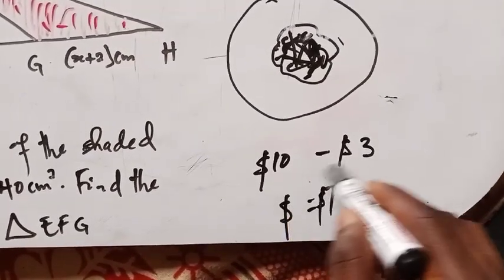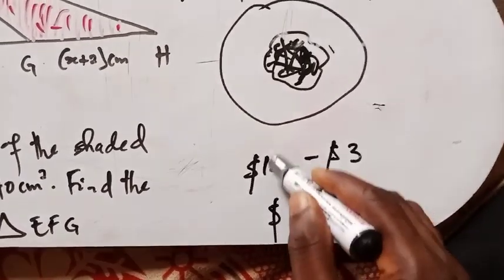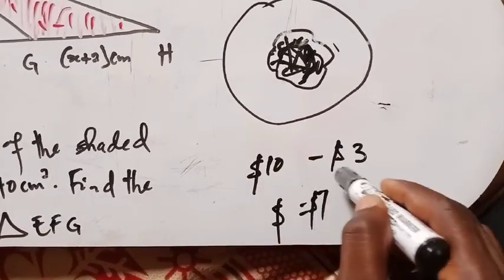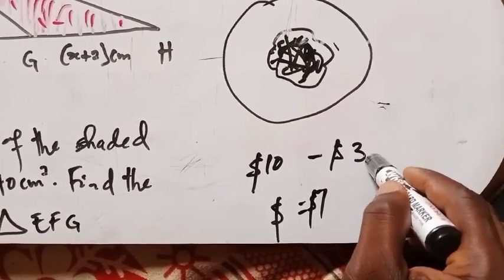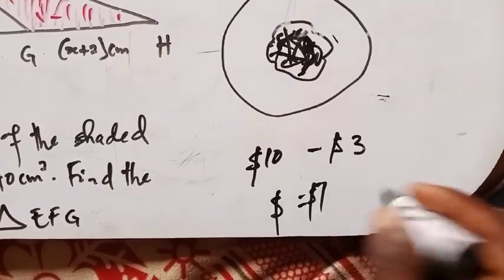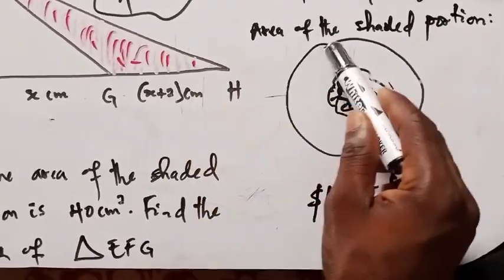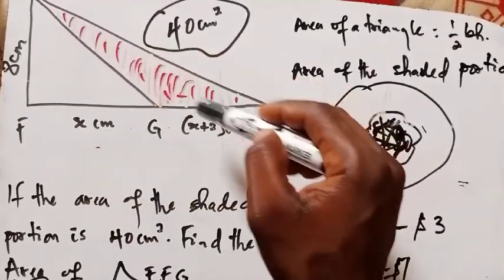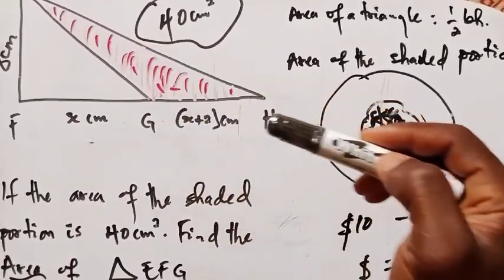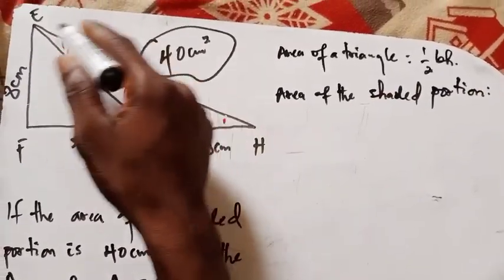You have the $10 and then you spend $3, and this is what remains. So how did you get what remains? By subtracting what you spend from the whole amount that you have. So we are going to use that scenario to demonstrate here to get the area of the shaded portion. That's the whole thing subtracted by what we spent. Is that okay?